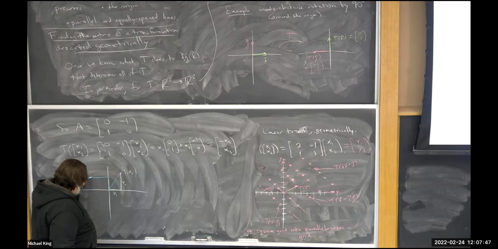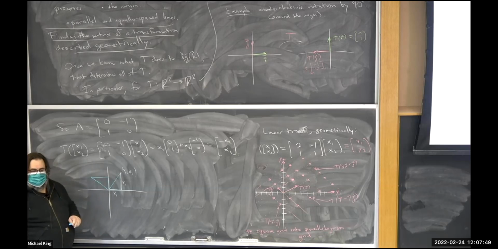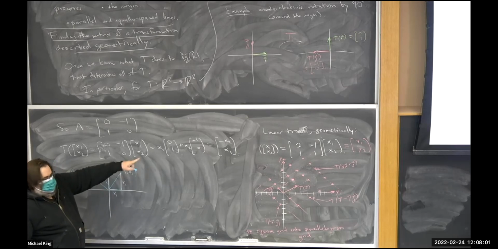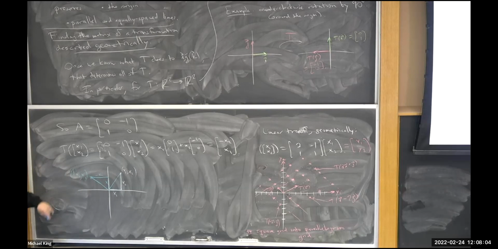It becomes like this, and this is -x2 now, this is x1. So this is the point (-x2, x1), which is exactly what that transformation says. So you can verify it for this specific case.